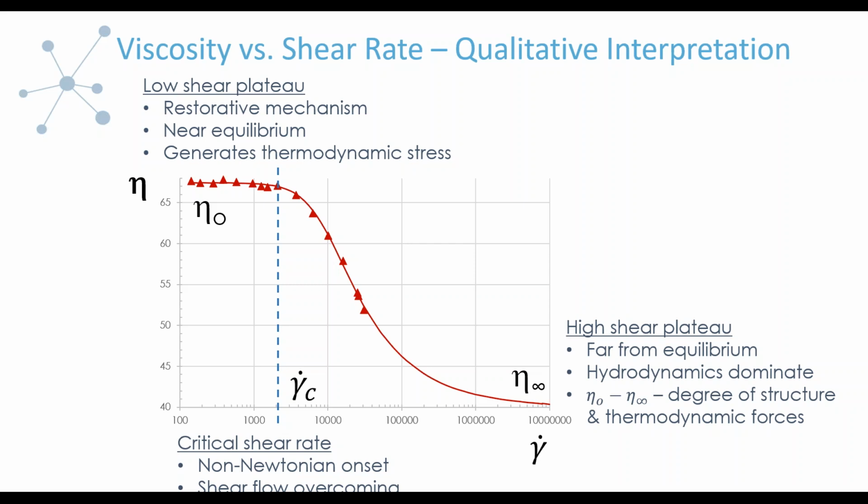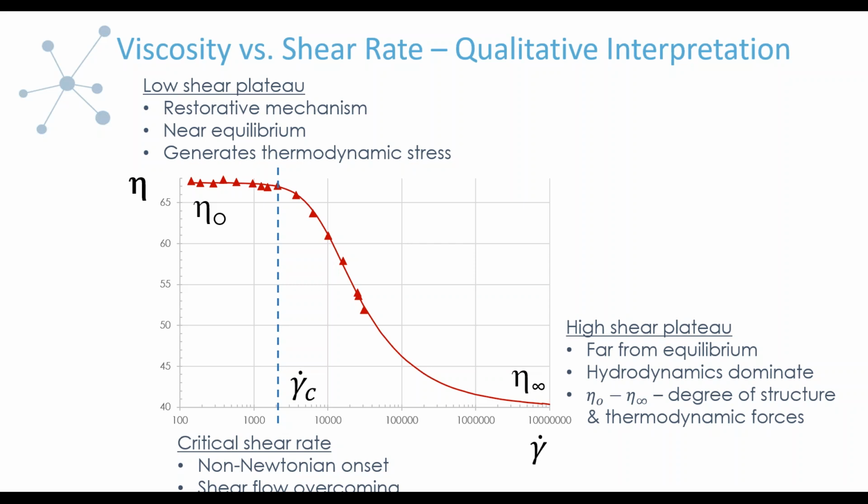So what's happening when you have these macromolecules like a protein molecule is that there's the possibility that what we refer to as a restorative mechanism exists on the molecular level that's acting to resist the deformation of the equilibrium structure being imposed by this externally applied flow field.